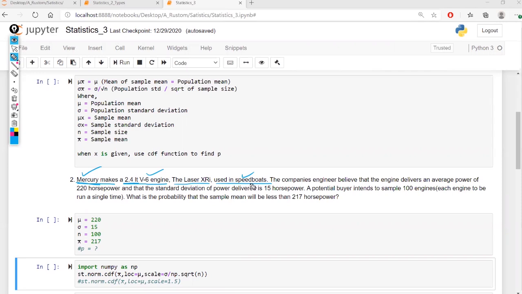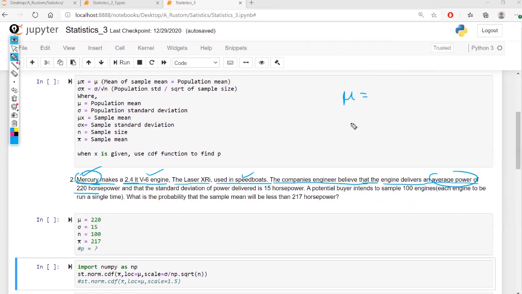So in those speedboats, there will be an engine, and that engine is what Mercury is manufacturing. The Mercury company's engineer believes that the engine delivers an average power of 220 horsepower. Average power means mean.